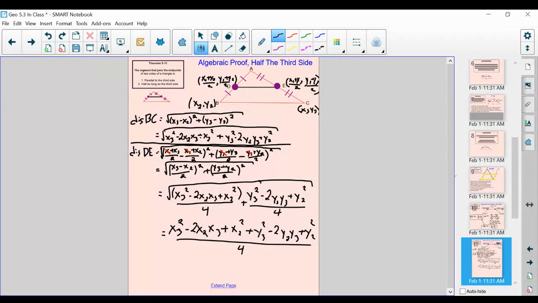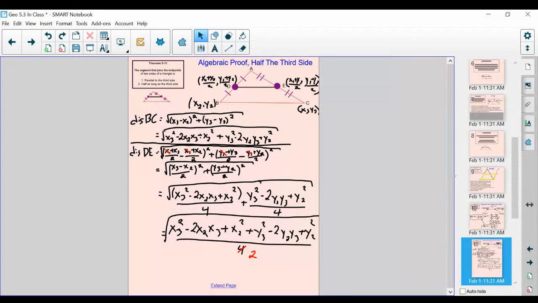Now we can't really take the square root of the top, but we can take the square root of the bottom. The bottom turns into 2. So the distance of DE can be written as all of that mumbo jumbo up top divided by 2.